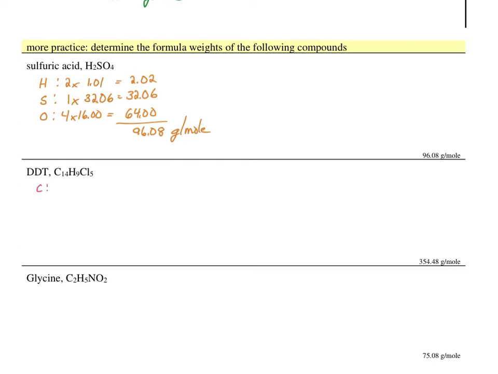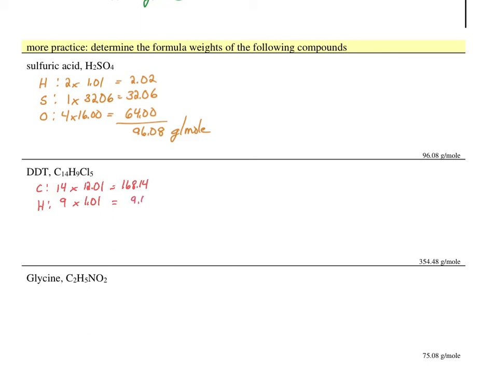So for carbon, we have 14 atoms of carbon, each contributing 12.01 grams. So we have a total of 168.14 grams from carbon. Hydrogen, we have 9 of those. Each contributes 1.02 grams per mole.